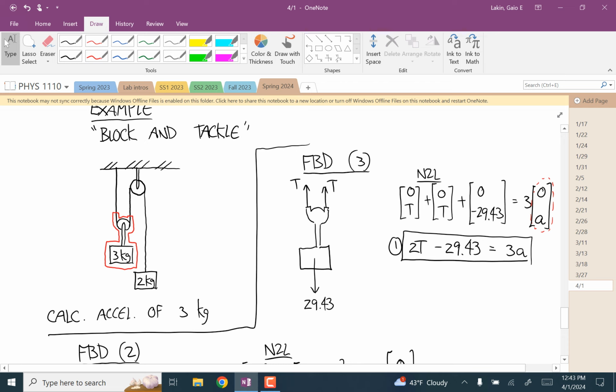Basically, you're getting the ceiling to take some of the weight of the other thing. And then the other thing I wanted to show you was this case where the magnitudes of those accelerations aren't the same. So we saw that if this 3 kilogram moved an inch up, the 2 kilogram moved 2 inches down, and that has to go into the equation.